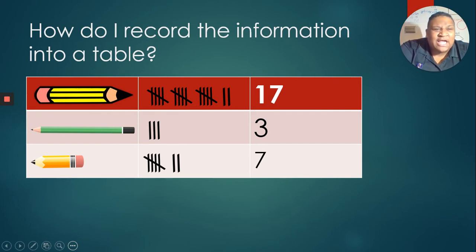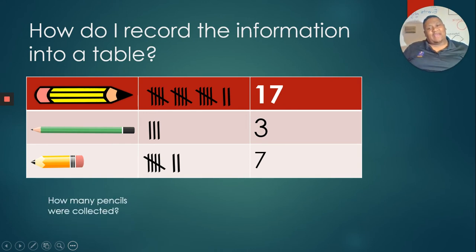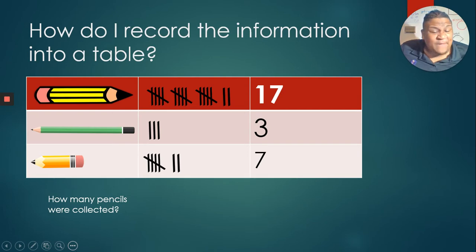How do we interpret the information? Now that they gave us the information, how do we interpret it? You have to ask yourself questions. So, how many pencils were collected?